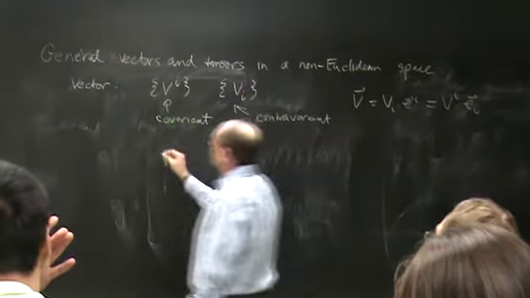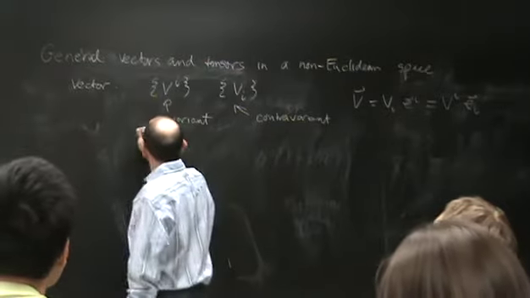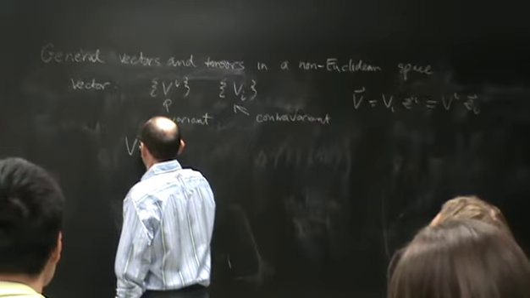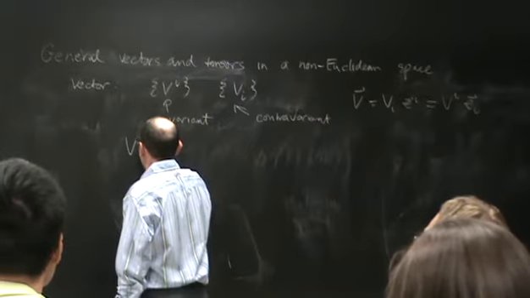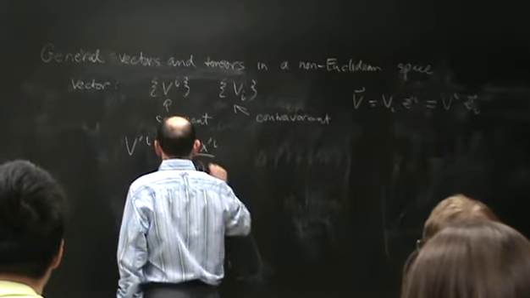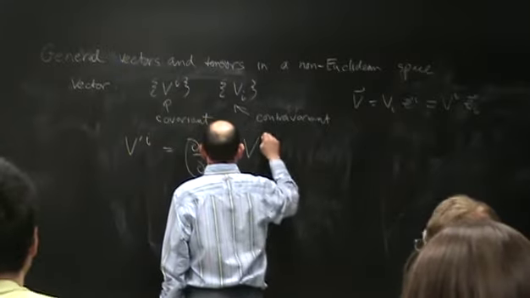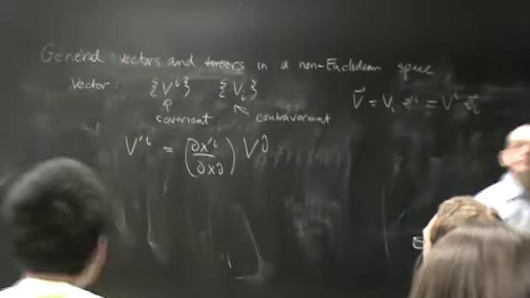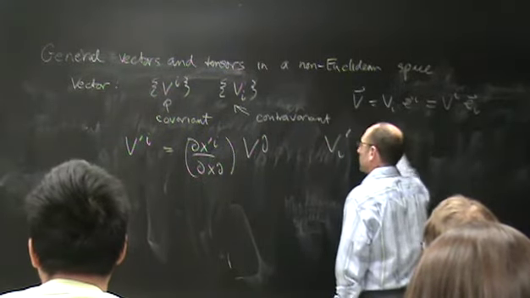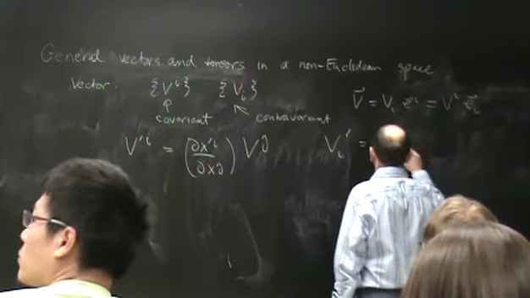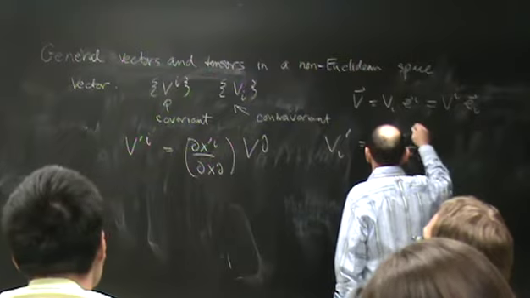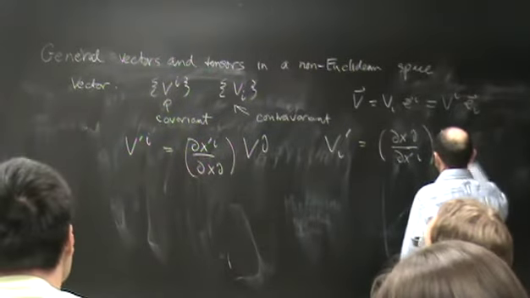And it's a vector if that's true, then the covariant components transform according to that transformation, and the contravariant components transform according to this transformation.